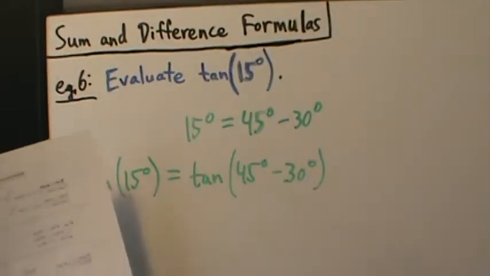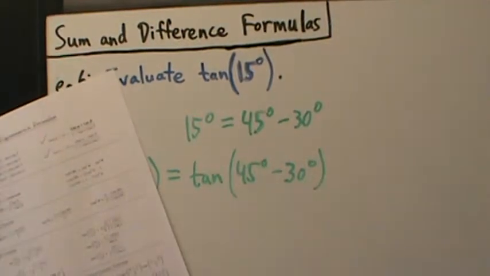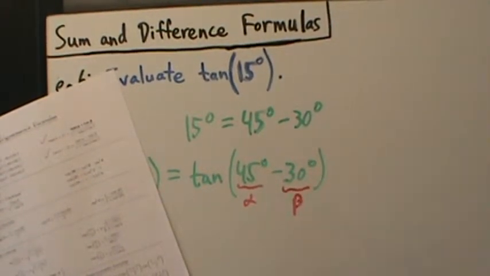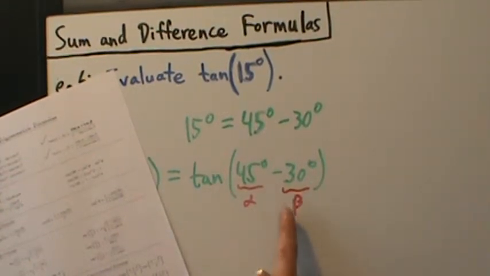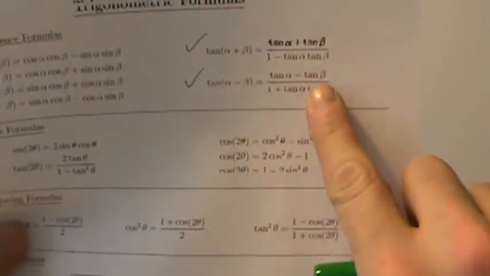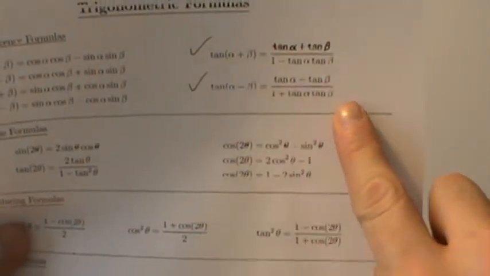And if we go to our formula sheet, what we have is tangent of one angle, this will be our alpha, minus another angle, that's our beta. So tangent of alpha minus beta is tan alpha minus tan beta, all divided by 1 plus tan alpha tan beta.